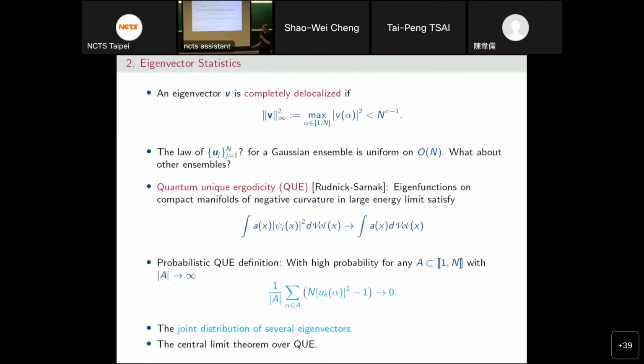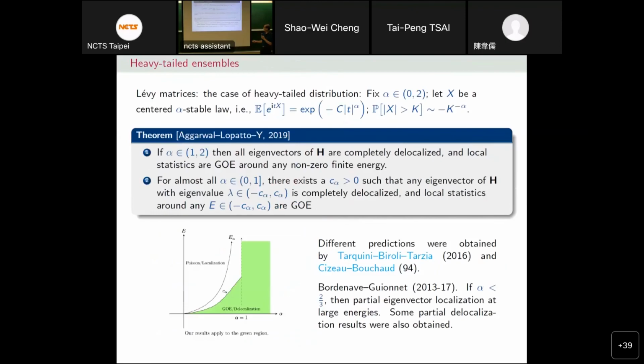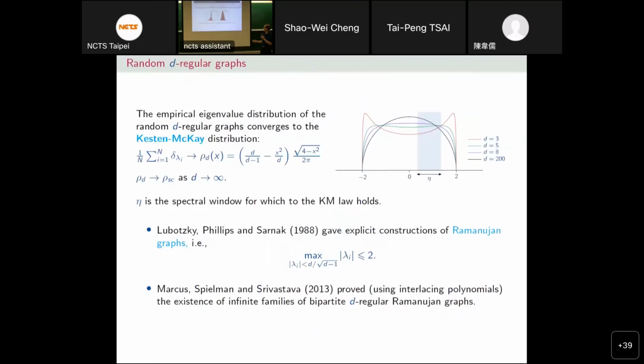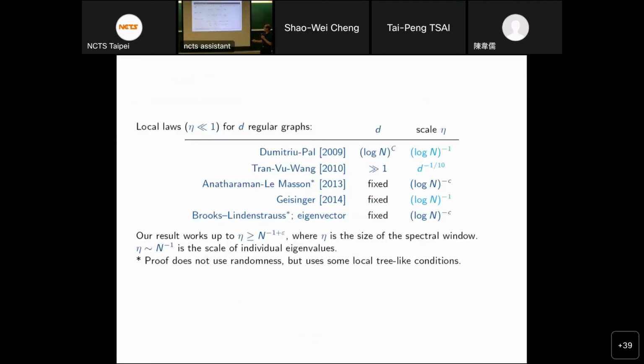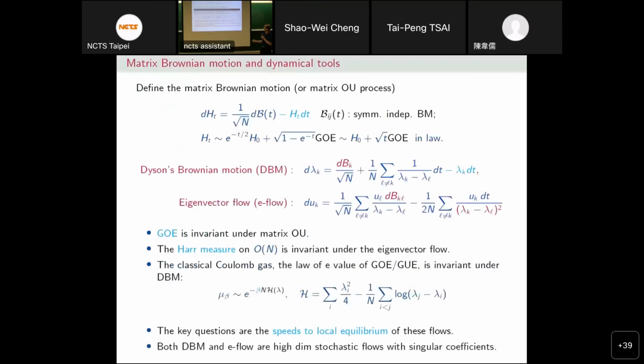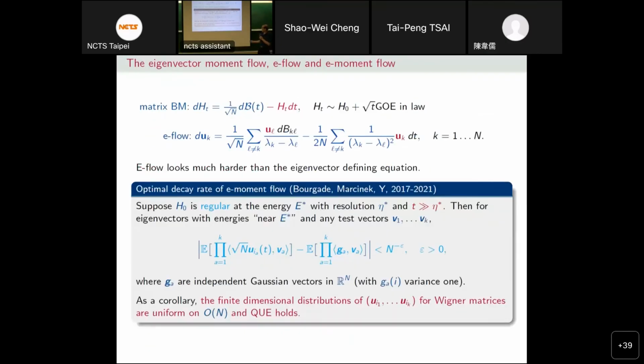And the second question is how do we prove this? We prove this with a couple of statements. Here you see that we prove that the projection of the eigenvector onto a test vector is the same as the resolvent rule.